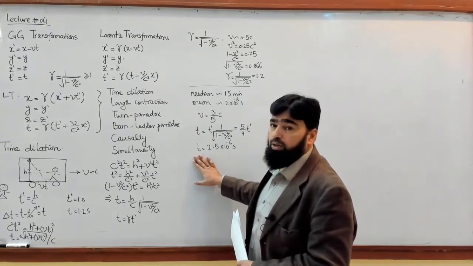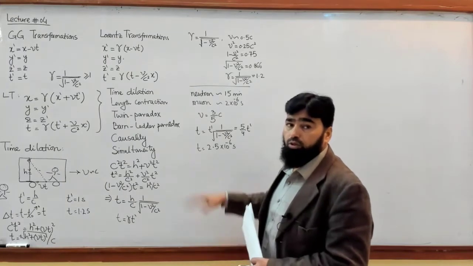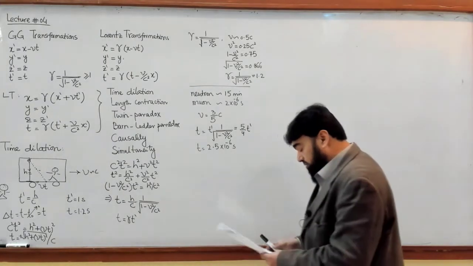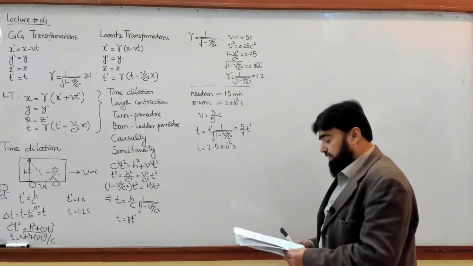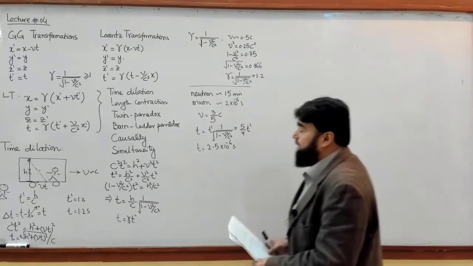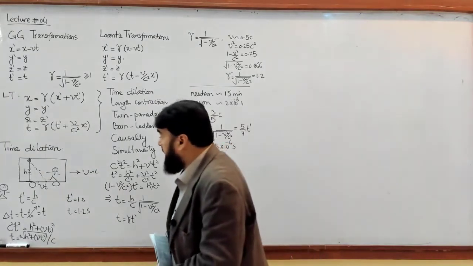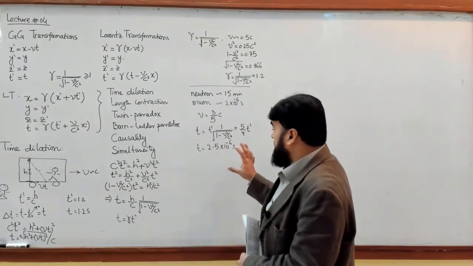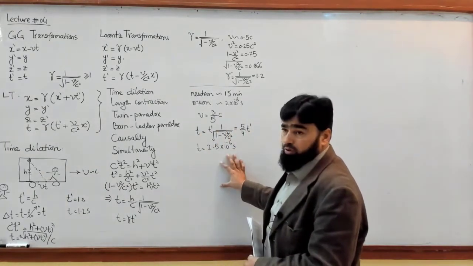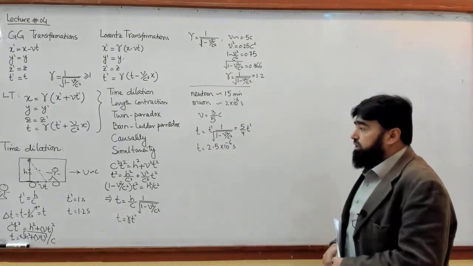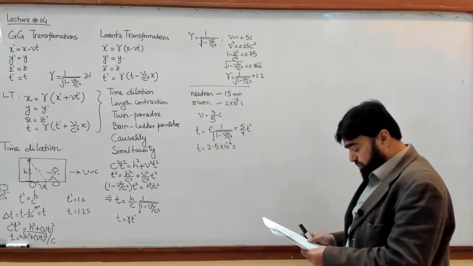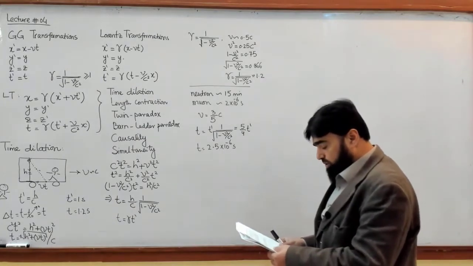Time dilation occurs in the moving frame. So this is the main confirmation we have regarding time dilation. And the rest are the consequences of this, like the length contraction that we are going to find out.